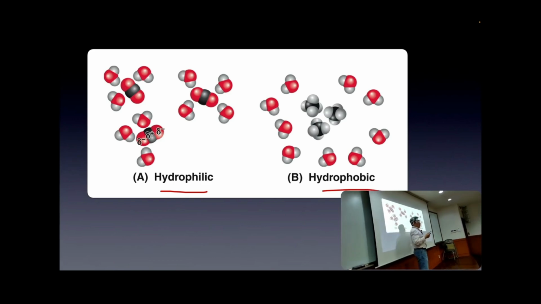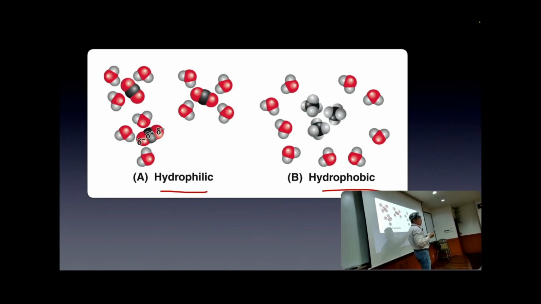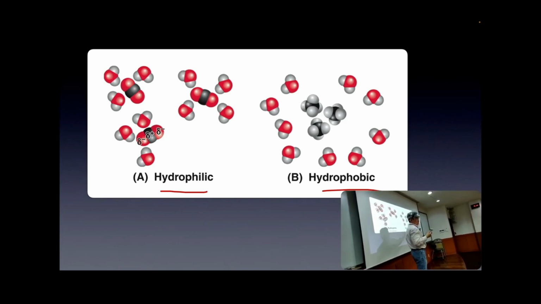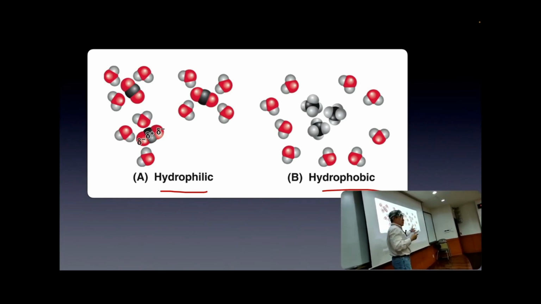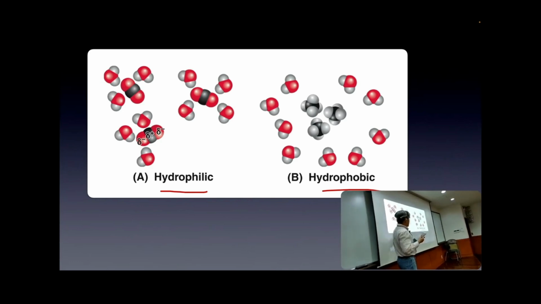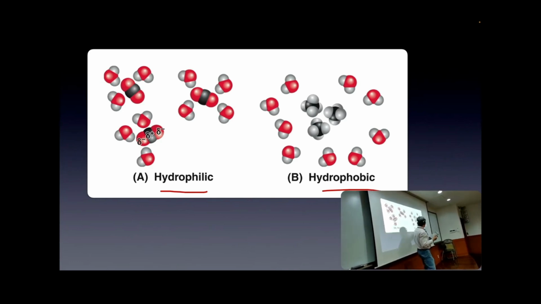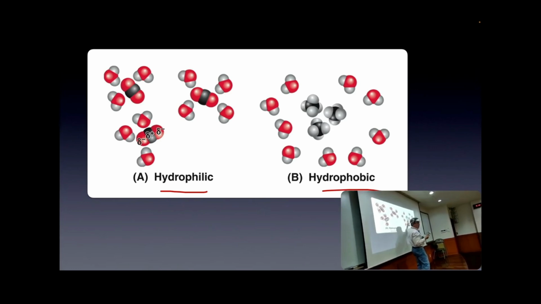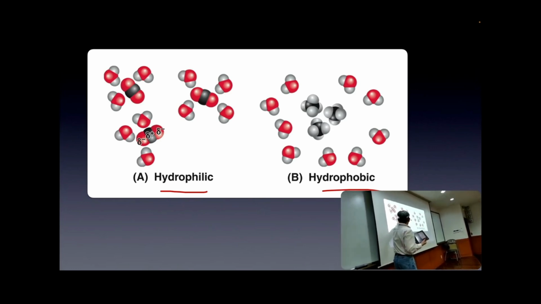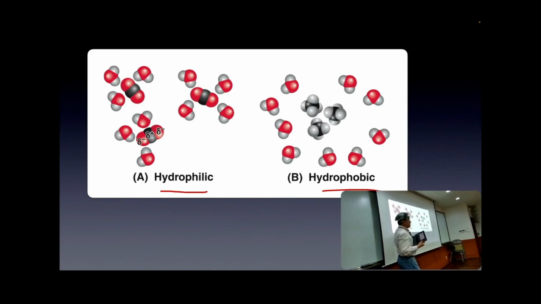Some molecules are hydrophobic. What kind of molecule could that be? Same principle. If you are polar, then you will automatically become hydrophilic. So in other words, if you are non-polar, which is a very good indication, in that you have one carbon and two oxygen, because of this oxygen, you have a partial charge.